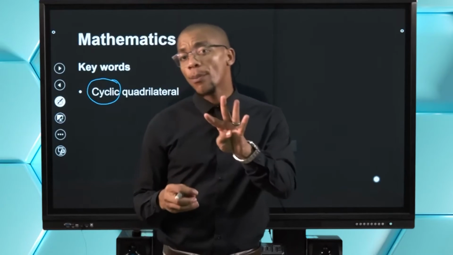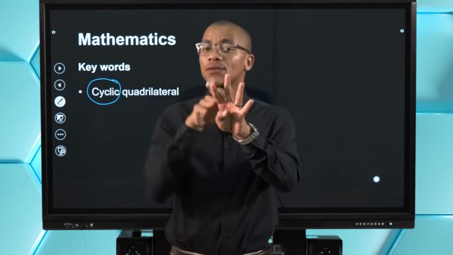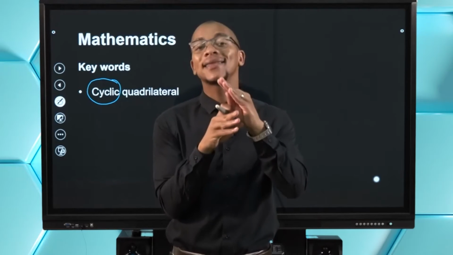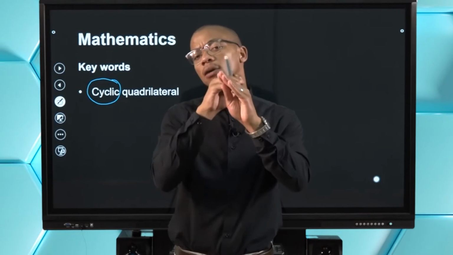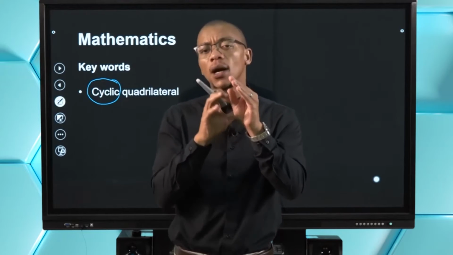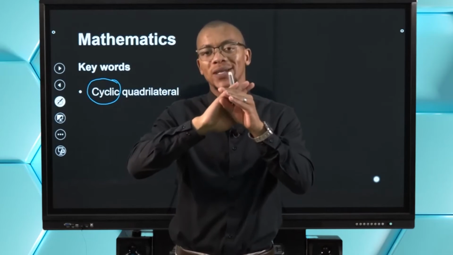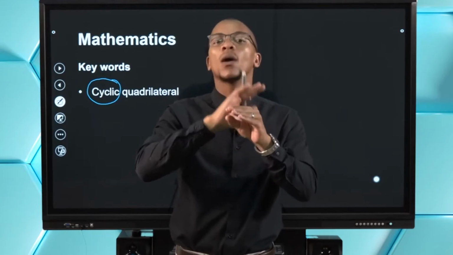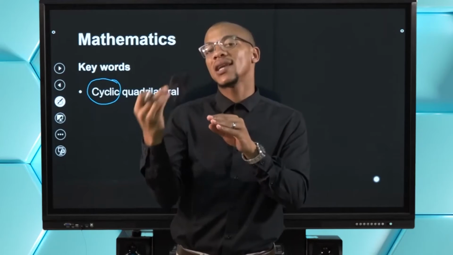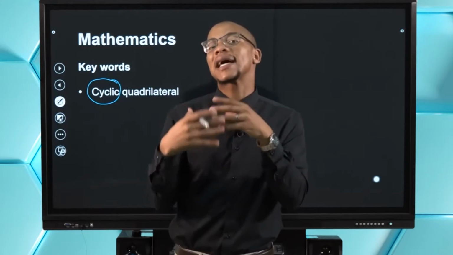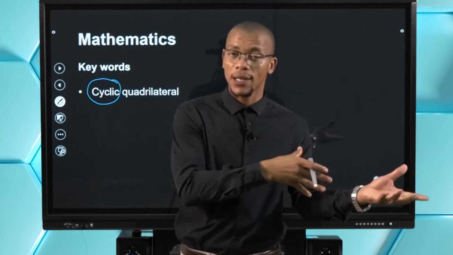And then now, the big idea, remember, is the cyclic quadrilateral. Remember, concyclic, guys, we said that it's when 4 points lie on the circumference of the circle. And if those 4 points lie on the circumference of the circle, when I join all those 4 points to give me a quadrilateral, we then say that that quadrilateral is a cyclic quadrilateral.